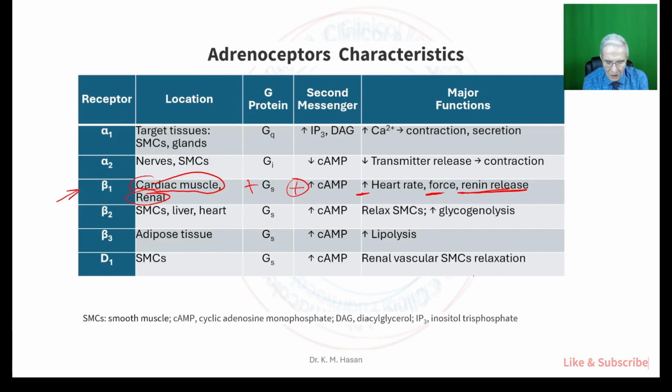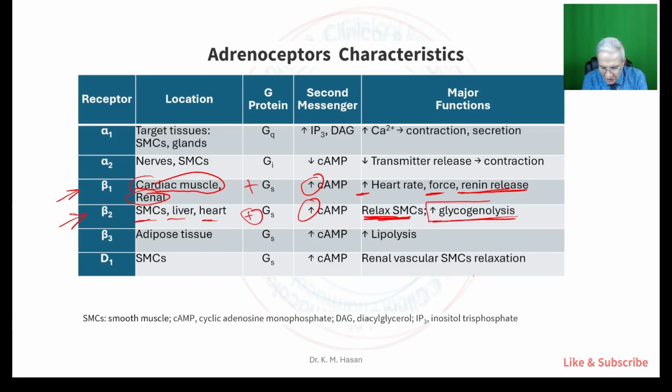Okay, moving to the beta 2 receptor. Beta 2 receptor is available in smooth muscle cells, liver, and in the heart. Beta 2 receptor works on the Gs protein, increasing cyclic AMP. Beta 2 receptor leads to the relaxation of smooth muscles and increased glycogenolysis, gluconeogenesis.